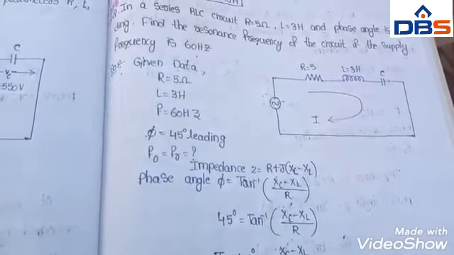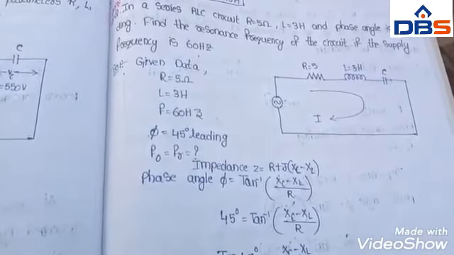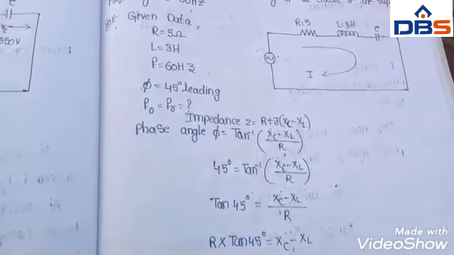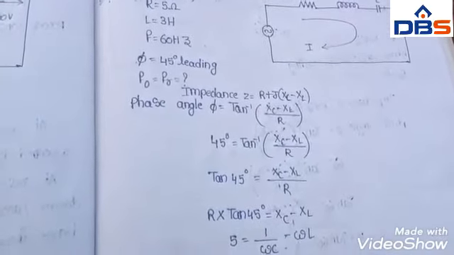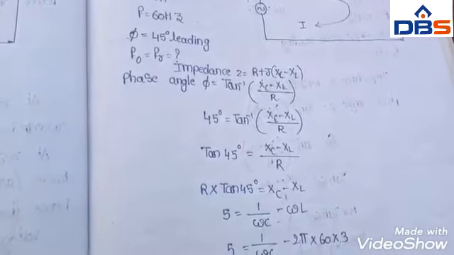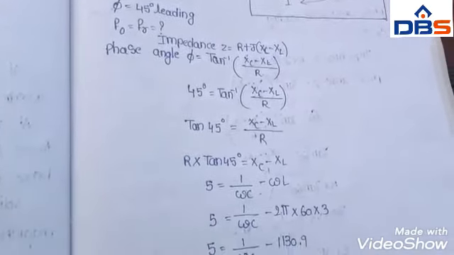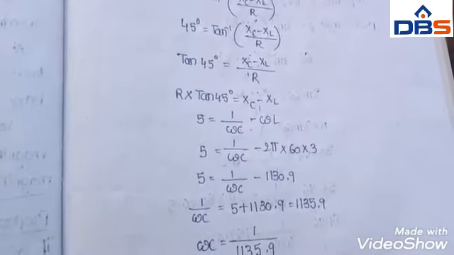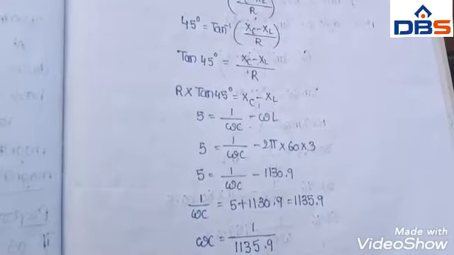Phase angle is tan inverse of imaginary part by real part, that is tan inverse of (XL minus XC) by R. The given phase angle is 45 degrees, so tan 45 is equal to (XL minus XC) by R. So R is equal to XC minus XL, because tan 45 is 1.